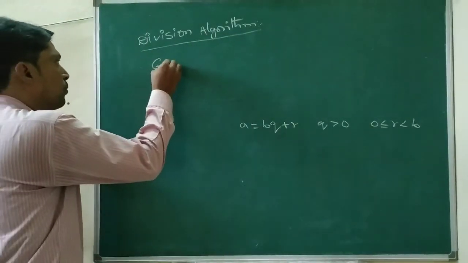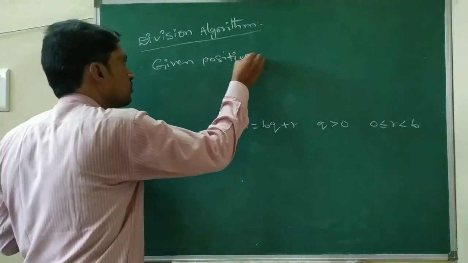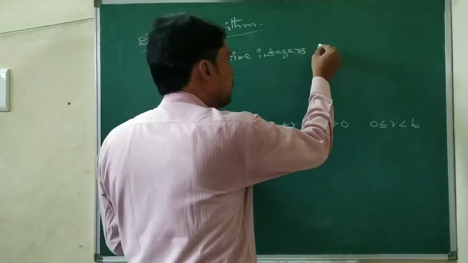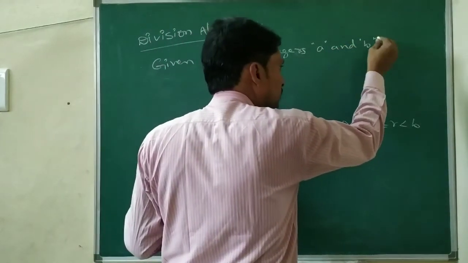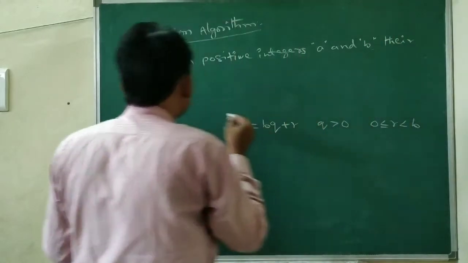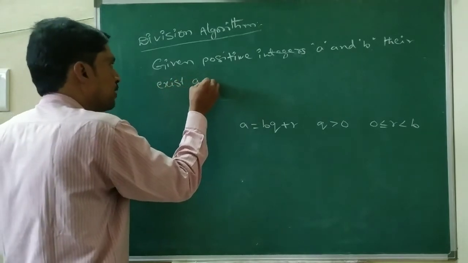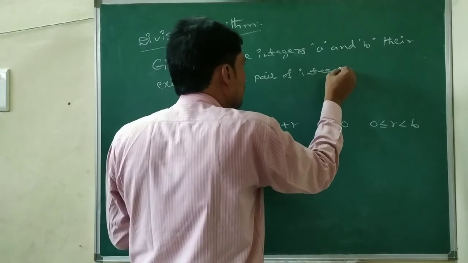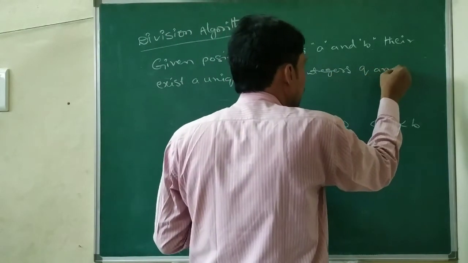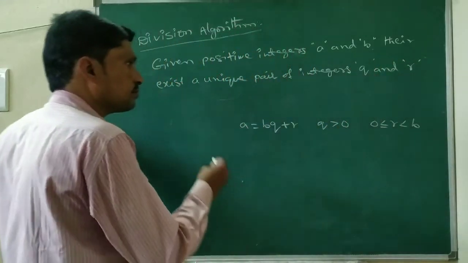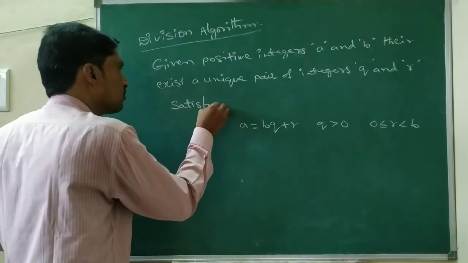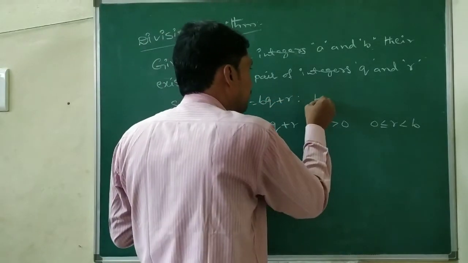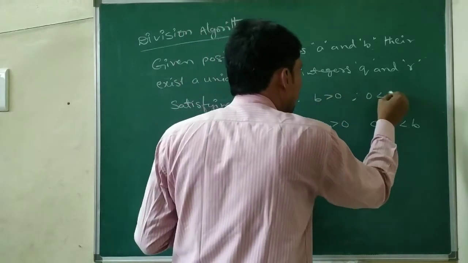So what is division algorithm? Given positive integers a and b, there exists a unique pair of integers q and r satisfying a equal to bq plus r, with b greater than 0 and 0 less than or equal to r less than b.